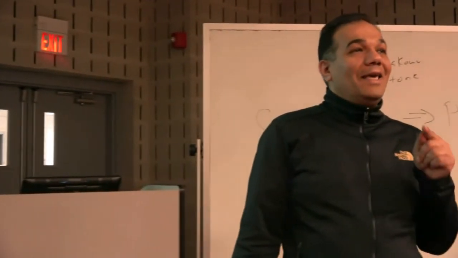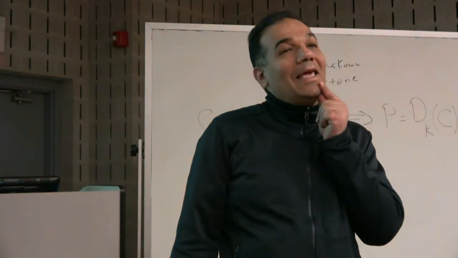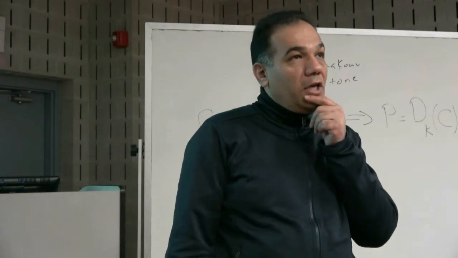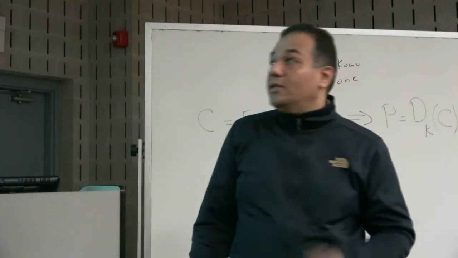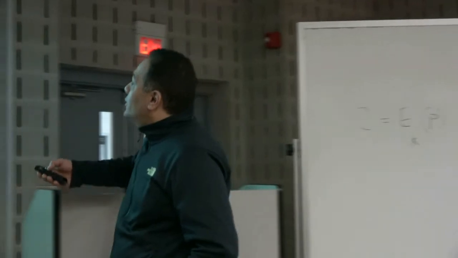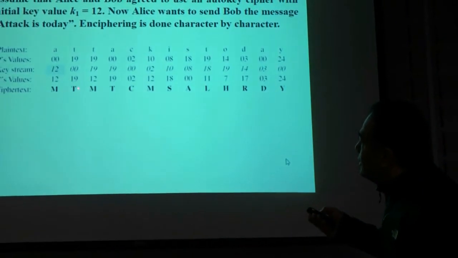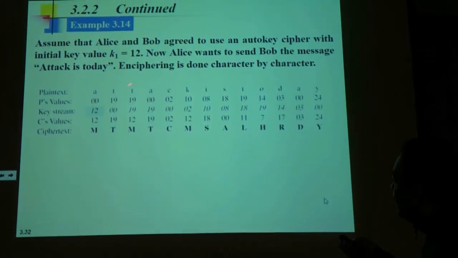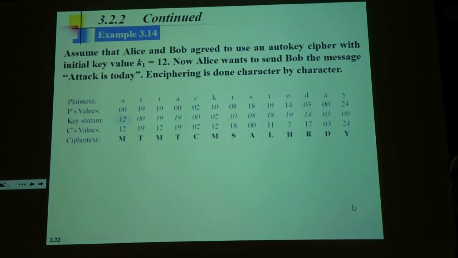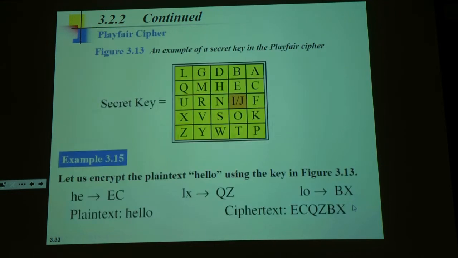What they call the key is a derived key, derived from the plain text. For example, TT: the first time it was encrypted as T, the second time as N. So we have multiple derived keys. We call this polyalphabetic encryption.